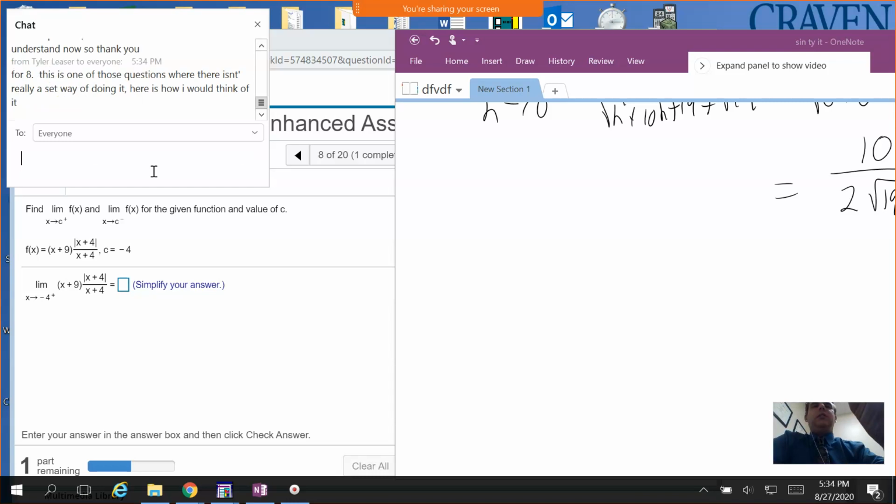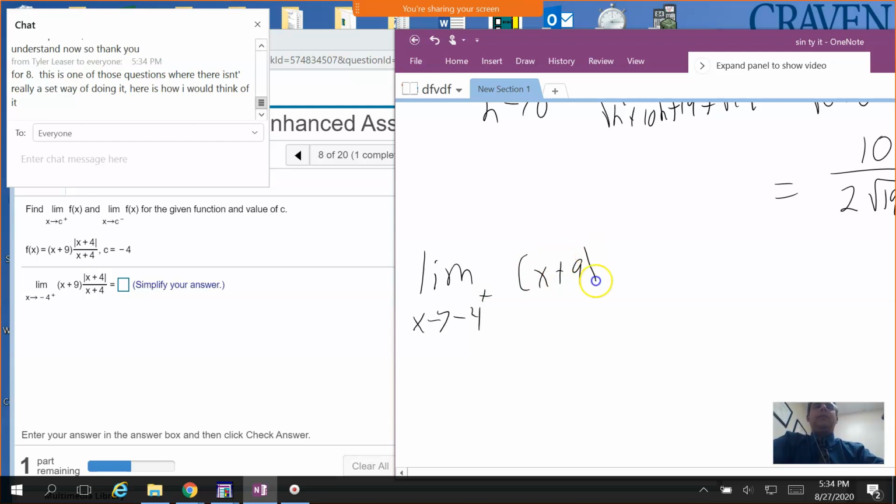The first thing they ask you to do is find the limit as x goes to negative 4 from the right of x plus 9 times the absolute value of x plus 4 over x plus 4. If you just try to substitute in negative 4, you're going to end up with 0 divided by 0, which is again a really bad thing.